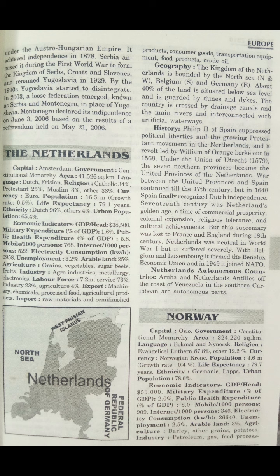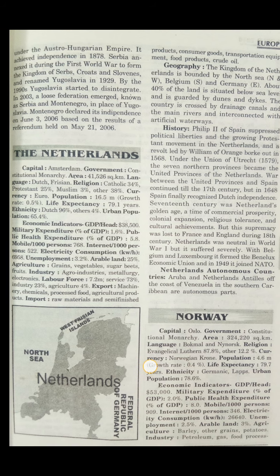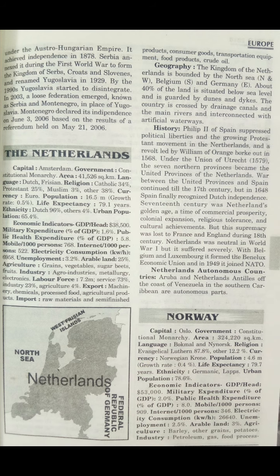By the 1990s, Yugoslavia started to disintegrate. In 2003, a loose federation emerged, known as Serbia and Montenegro, in place of Yugoslavia. Montenegro declared its independence on June 3, 2006 based on the results of a referendum held on May 21st, 2006.